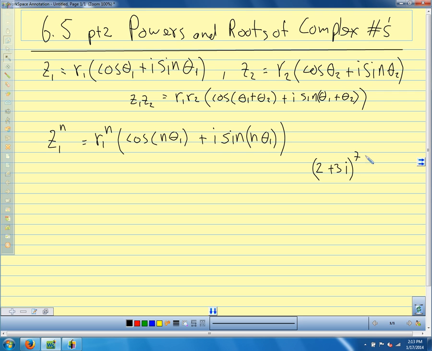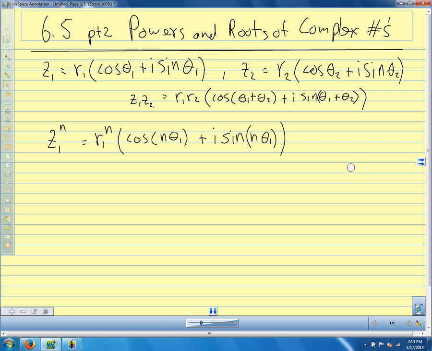All those parentheses and all that distributing and combining like terms and i squareds, all of those steps involved in finding the 7th power of this. If we convert this to trig form, all we have to do is take the 7th power of the modulus and multiply the angle by 7. Write it out in trig form, use our calculator, convert it back to standard form. So much, much, much easier.